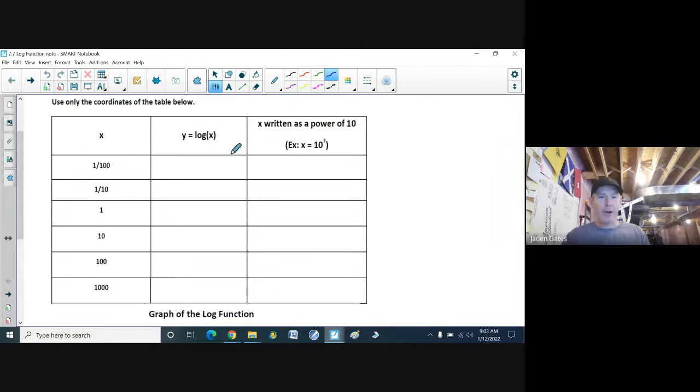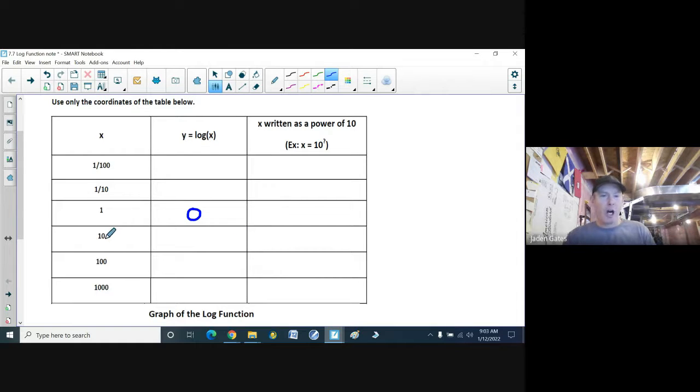And so what I have here is a bunch of x values. We have 1,000, 100, 10, 1, 1/10, 1/100th. Now, if you were to take out your calculator and put 1 in and then hit the log button, your answer would be 0.